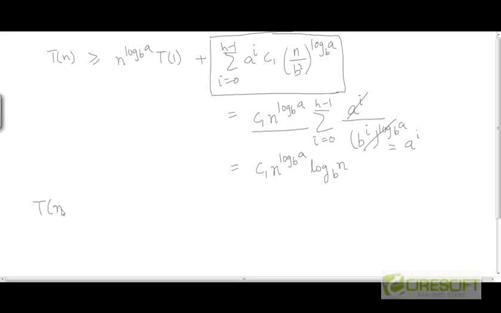So we can now claim that T of n is greater than or equal to n to the power log of a base b times T of 1 plus c1 times n to the power log of a to the base b times log of n to the base b.